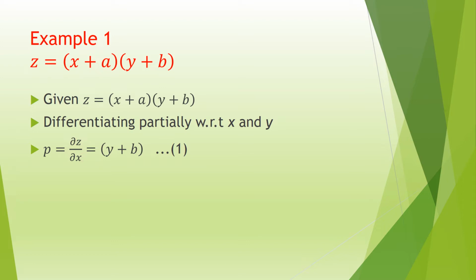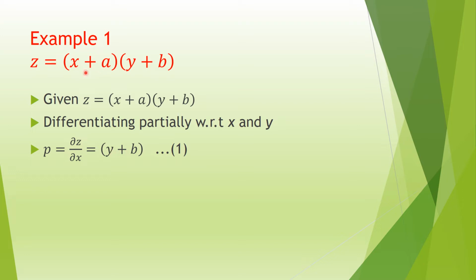In the right side we have (x plus a) into (y plus b). Since we are differentiating partially with respect to x, other than x, that is the y variable, we have to take it as constant. Here y is constant, b is constant, so (y plus b) is fully constant. So constant into variable, this constant will not be changed. So I'll write (y plus b) into the derivative of (x plus a).